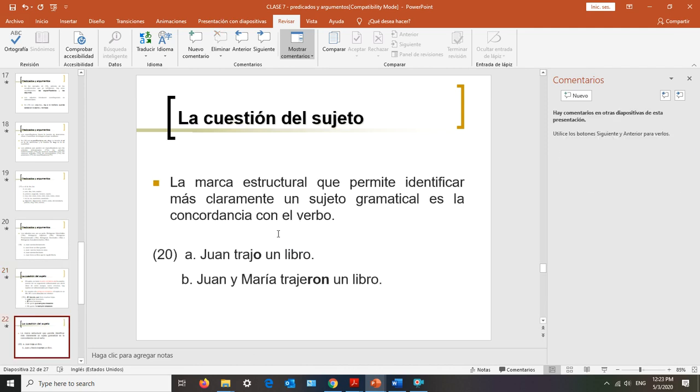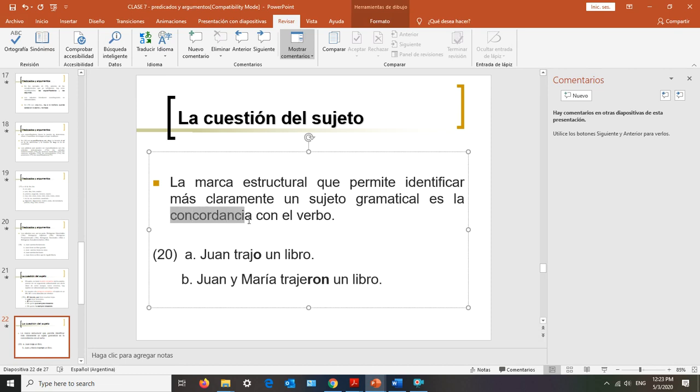Okay, there is a structural mark that allows us to identify which is the constituent that is performing the syntactic role of subject. And the most important mark is the agreement that exists between the subject and its corresponding finite verb.